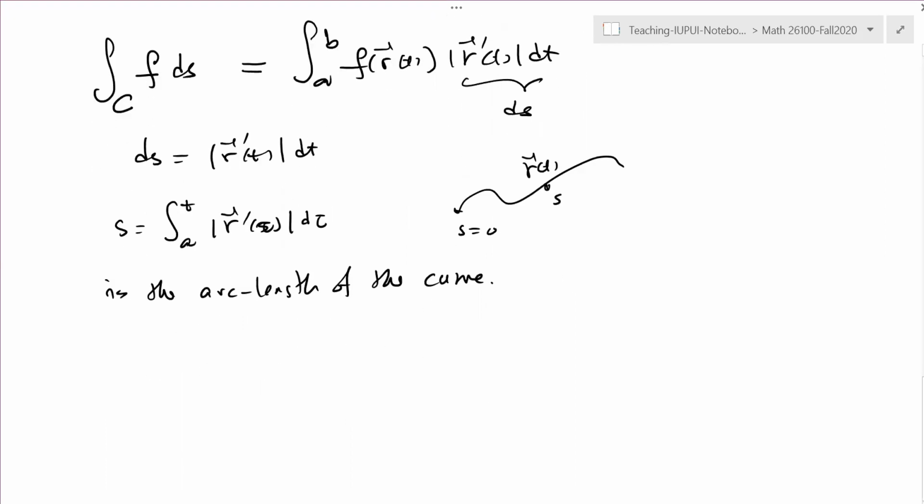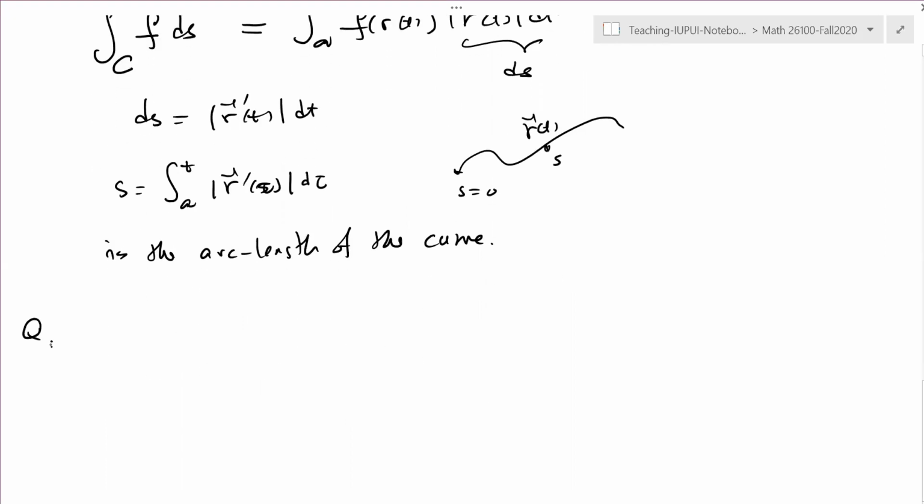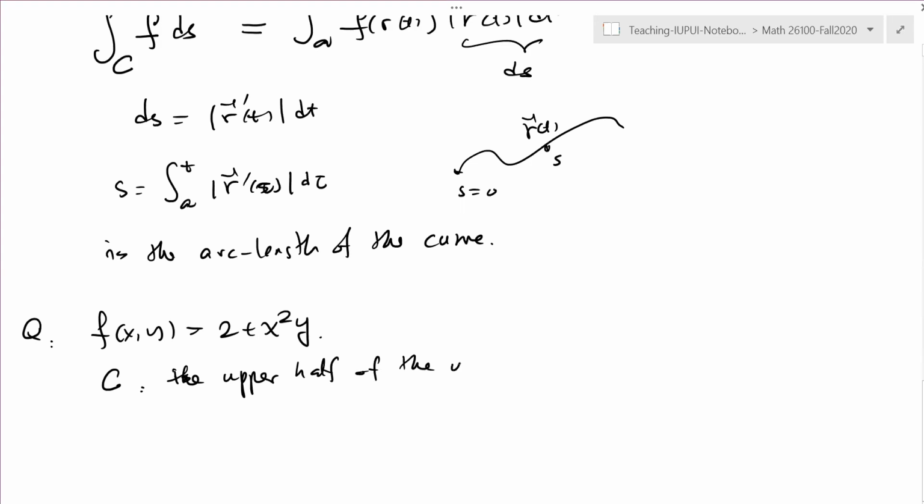Let's look at the following example. The function is defined on the xy plane: f equals 2 plus x squared y. The curve is the upper half of the unit circle, x squared plus y squared equals 1.